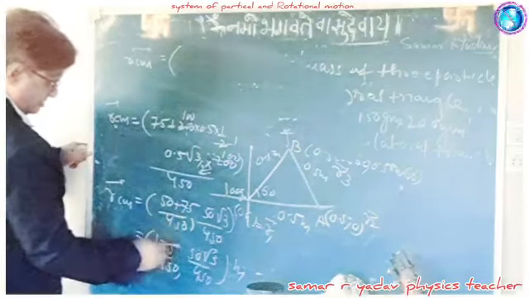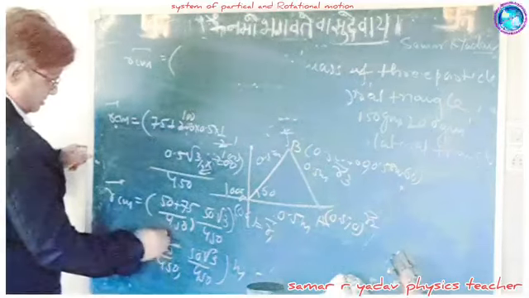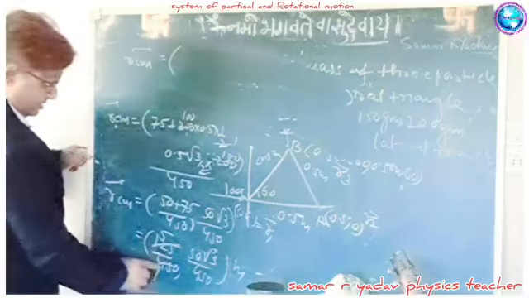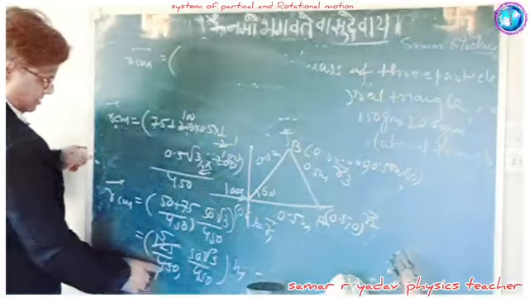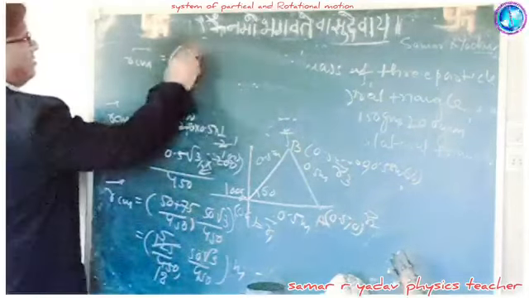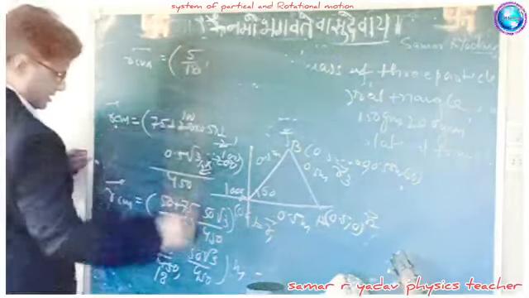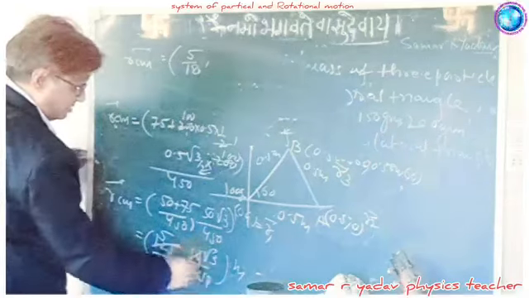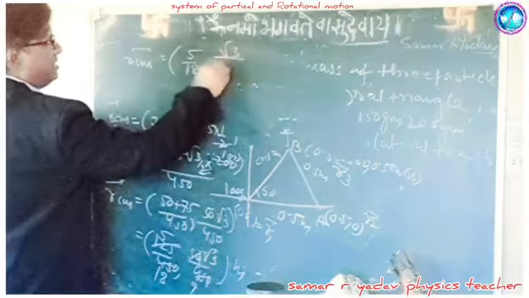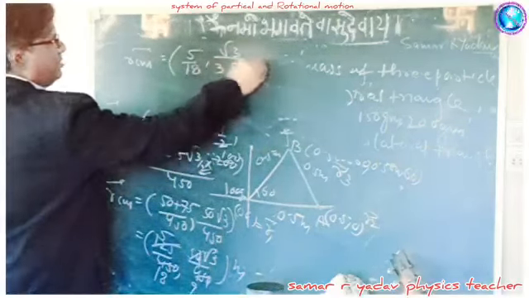25 fives are, and 25 ones are, and here 20 eights are. So we get 5 upon 18, and here we cancel 100, this will be 9. So we get root 3 upon 9, which means 3 into root 3 into root 3.